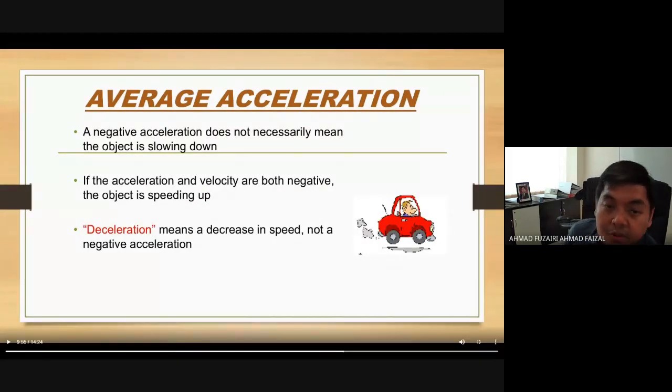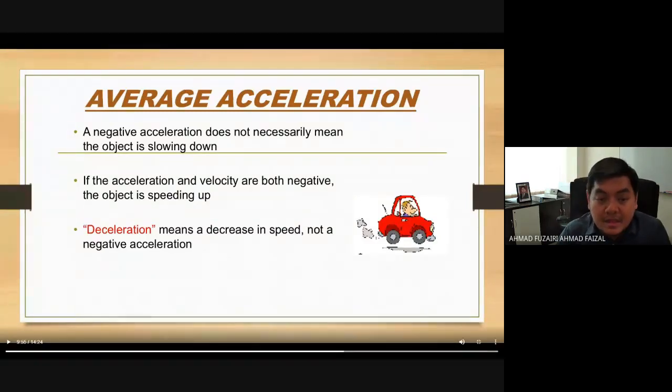So there are some fun facts in terms of average acceleration. A negative acceleration does not necessarily mean the object is slowing down. If the acceleration and velocity are both negative, the object is speeding up.